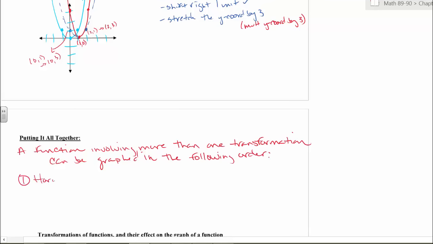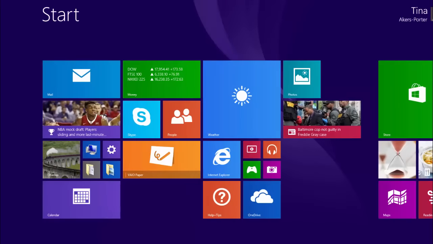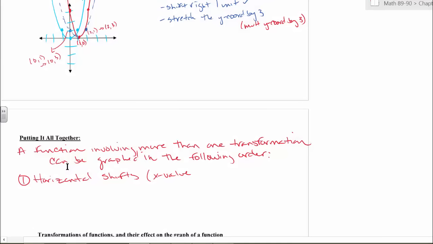First, you do any horizontal shifts first. So horizontal shifts are the inside addition or subtraction. And in this case, you're affecting the x values or the x coordinates. And you're going to go opposite the sign.